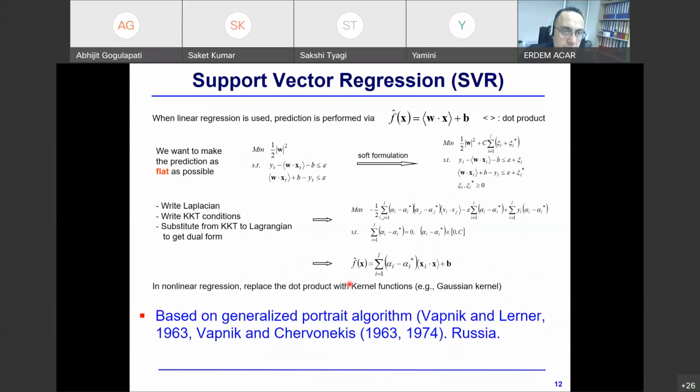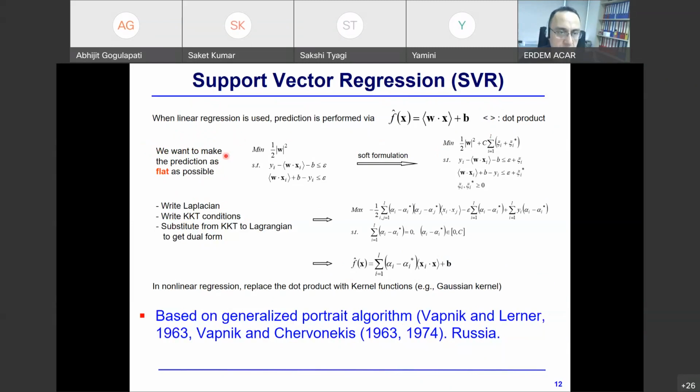Another surrogate model is support vector regression, SVR. If this support vector regression is used in the linear regression mode, then we have this dot product, as we can imagine. And in construction of support vector regression, we want to make our prediction as flat as possible.